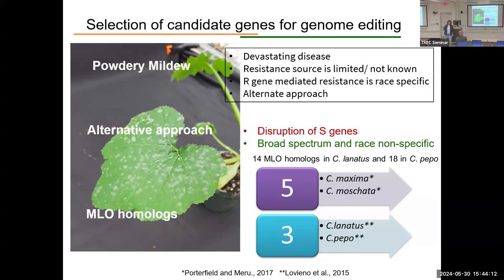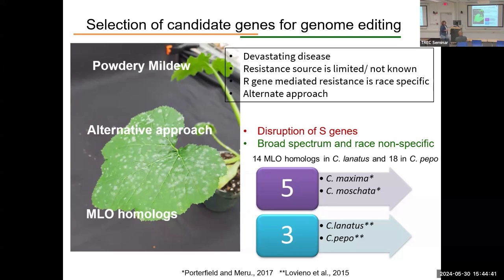Of course, there is a resistance gene available in the wild, but the R gene mediated resistance is race specific, and it can be overcome easily as the pathogen is constantly evolving over time. When the pathogen evolves, the R mediated resistance will break down.